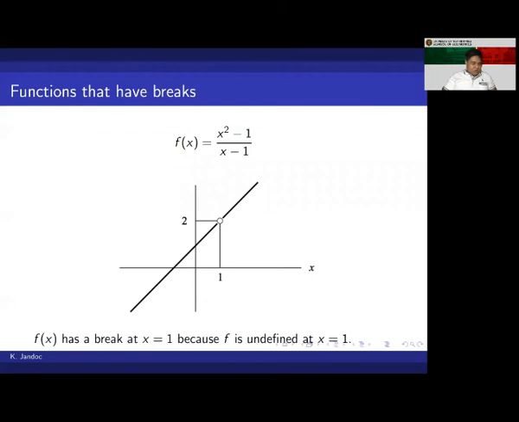So in those two previous examples, we see that in the first case, this function f of x has a break at x equals 1 because it's undefined at x equals 1.